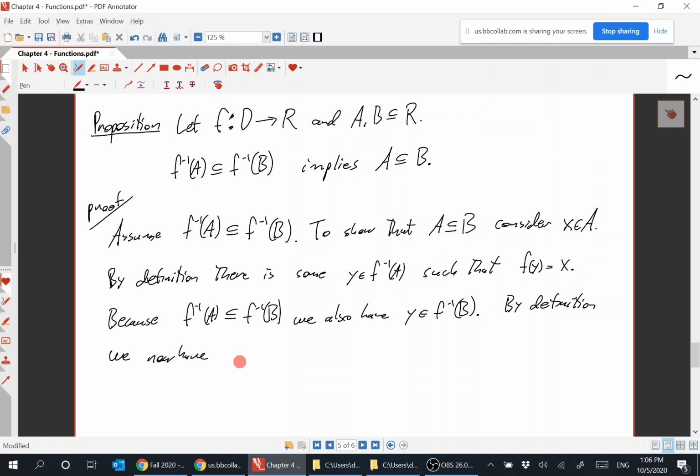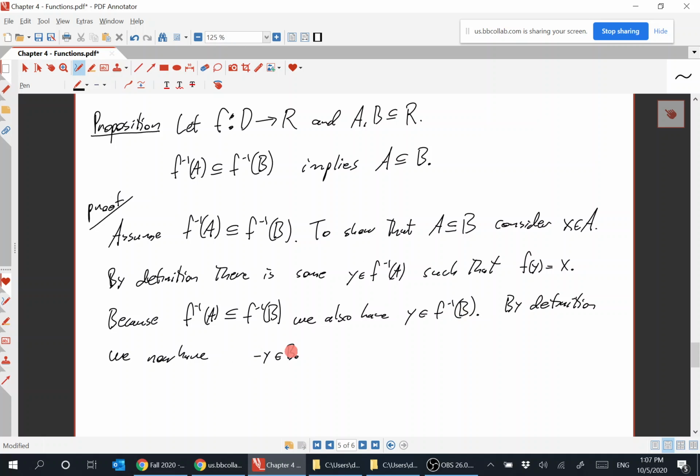Then x, which is equal to f of y, is an element of B.